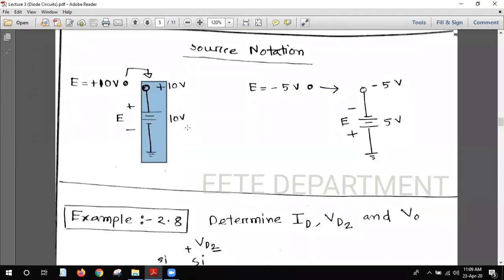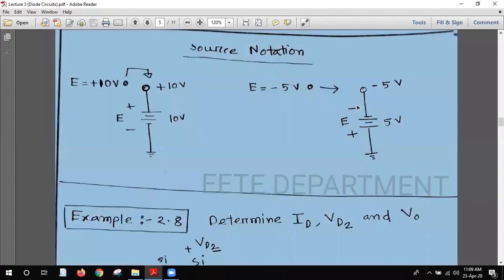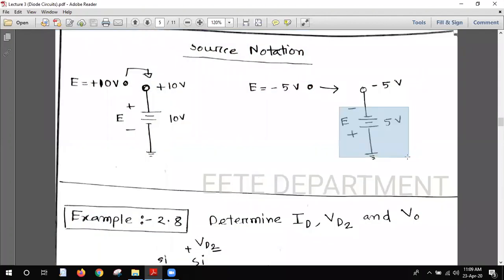And when you see E equals minus 5 volt with a small circle, the negative sign will be on the upper side, so it will be the negative voltage. This is just a source notation, a different representation of a voltage source.